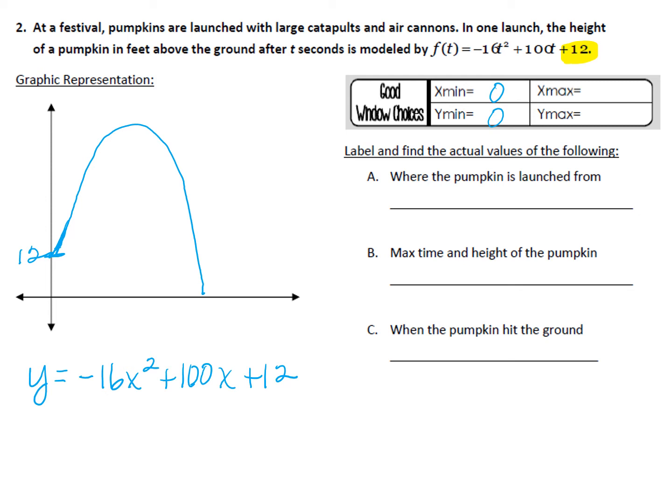So we can go ahead and fill in part A. It was launched from 12 feet. The max time and height is going to be up here at the vertex. And then the pumpkin hits the ground here at letter C. Once again, I'm going to put this in Desmos. Take a look at the graph. Again, I've already gone through and figured this out for you guys. So let's take a look on the next slide.